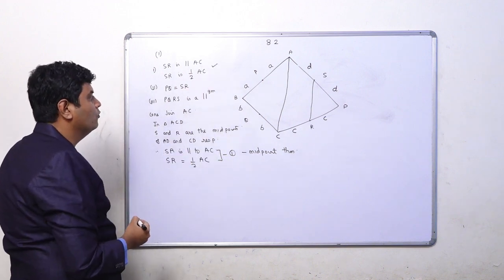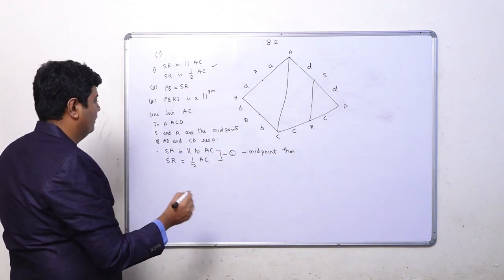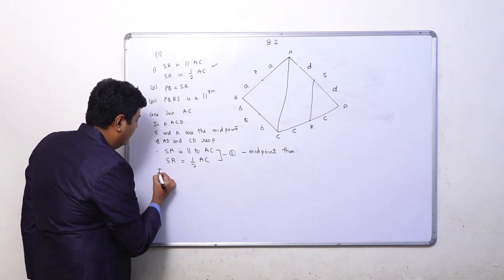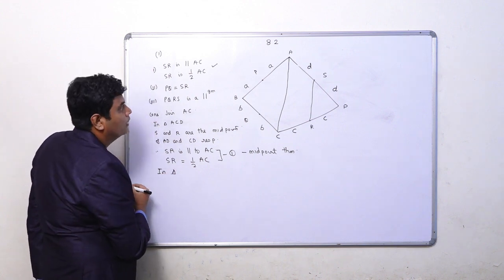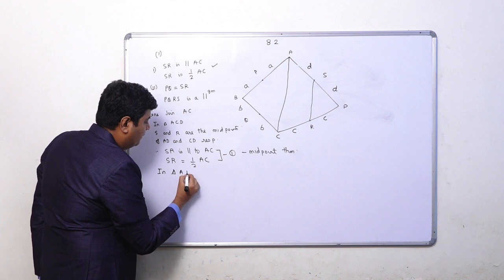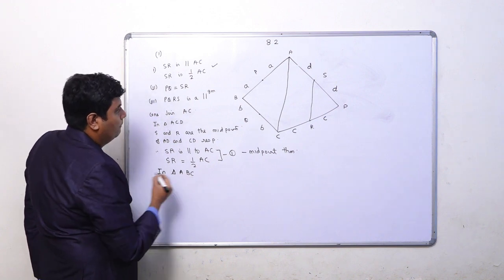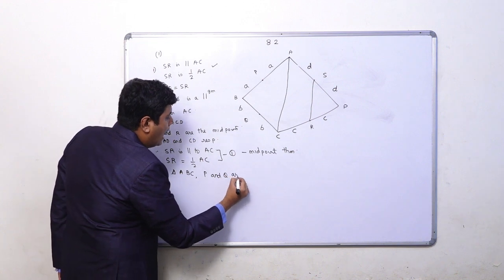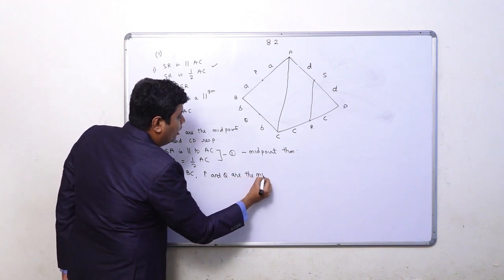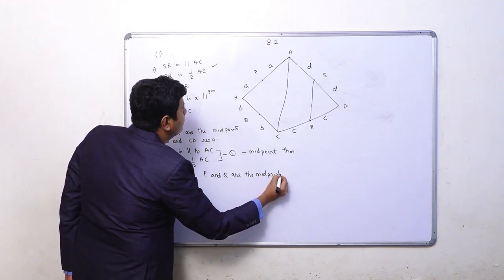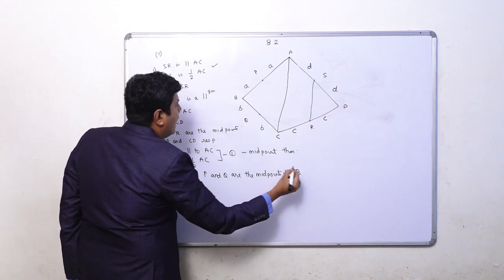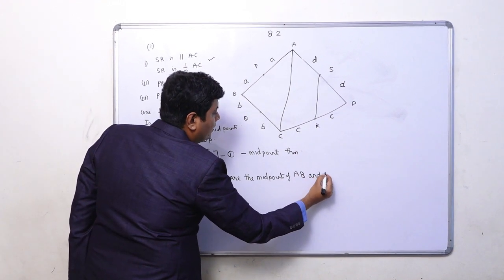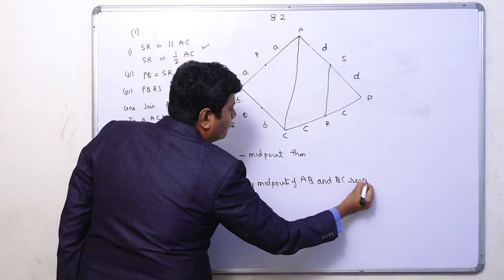Now second, I have to prove PQ is equal to SR. So in triangle ABC, P and Q are the midpoints of AB and BC respectively.